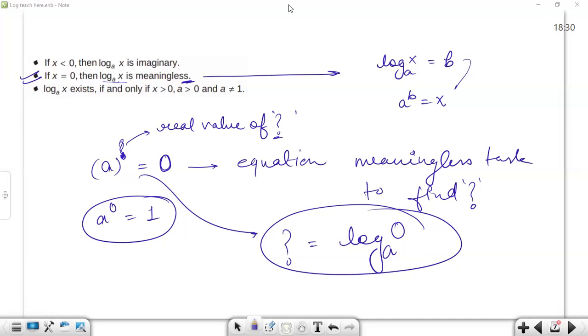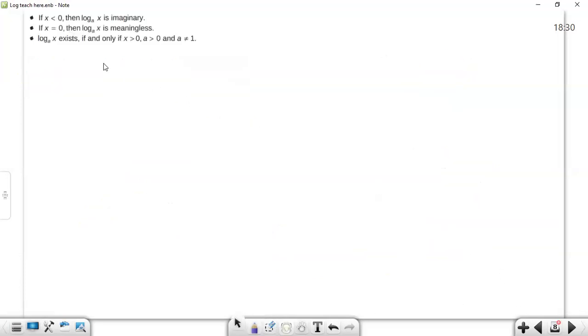Understood? Yes, sir. So let's now discuss the next property. The next property says logarithm of x to the base a exists if and only if x is greater than 0, a is greater than 0, meaning they are positive real numbers, and a is not equal to 1.